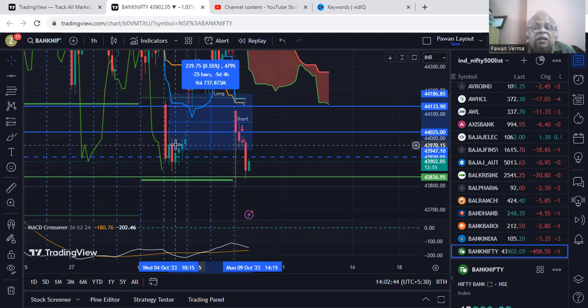Safer players should not enter. An aggressive player can enter into the trade when Bank Nifty crosses or reaches or trades above 43,920.